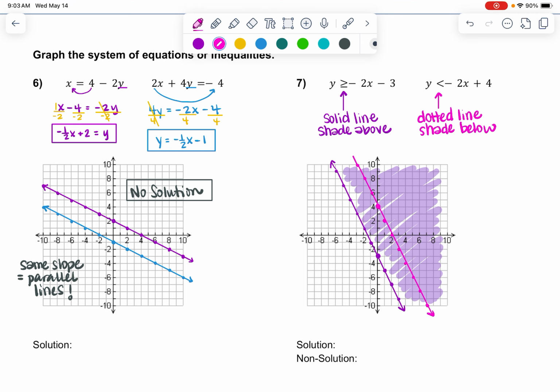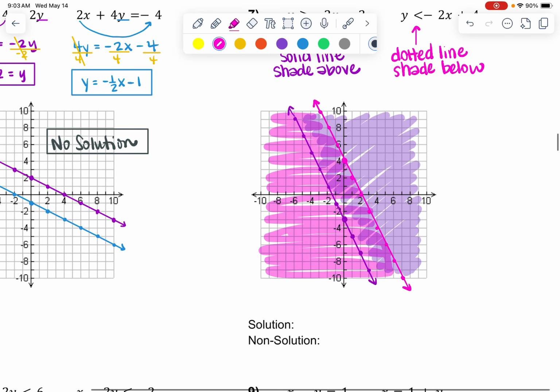There we go. And we want everything below the line where our y values are less than. Remember, you're looking for that y-axis. So we're going to be shading all of this. This is our shaded region for that line. And then our solutions are the region where they overlap.